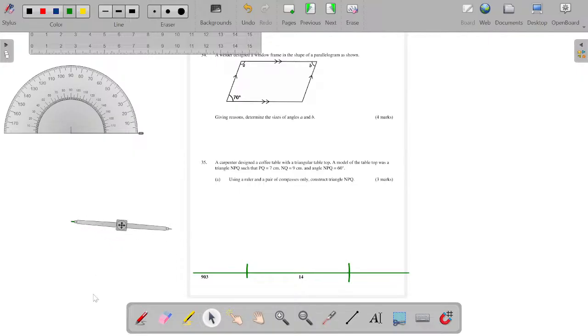So once I've made the arcs, I now know that that distance is the distance PQ, and that distance PQ is 7 centimeters.